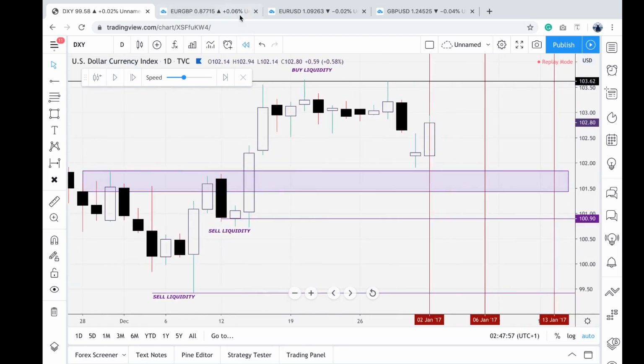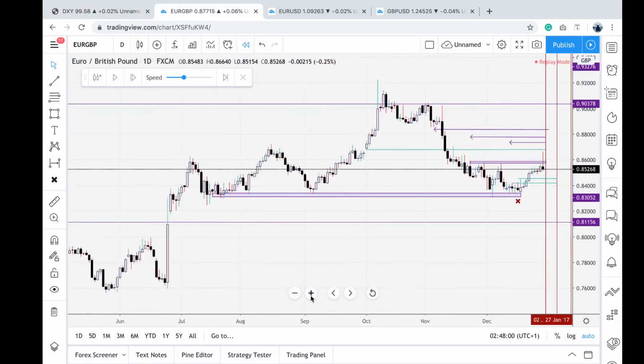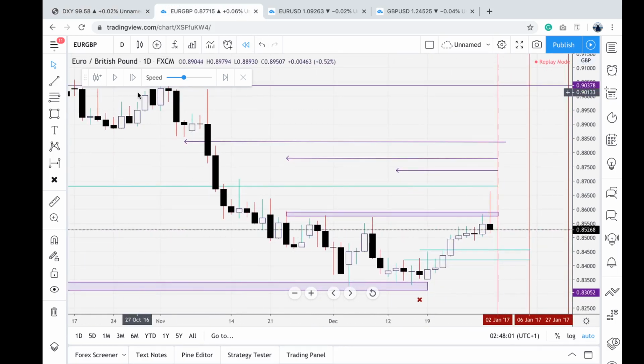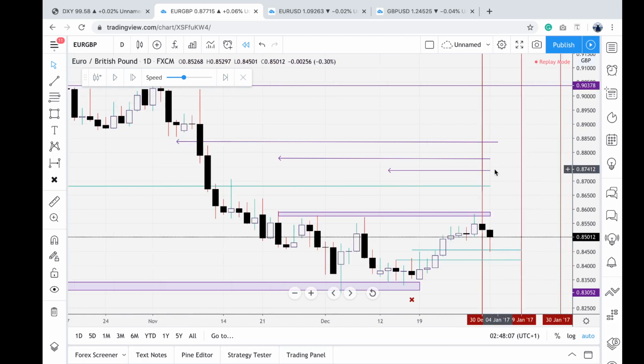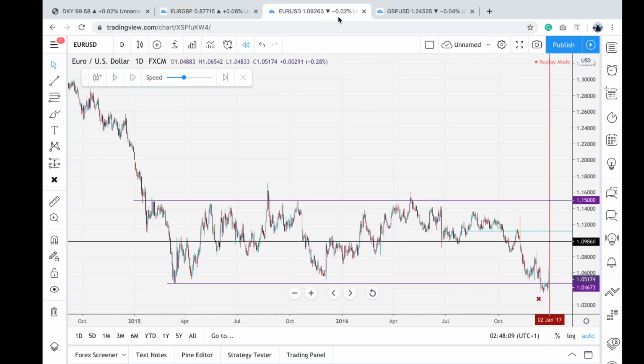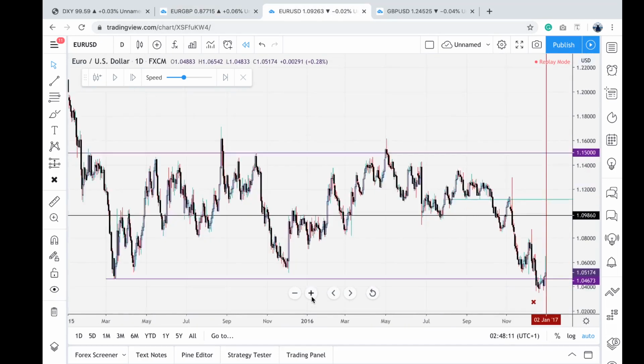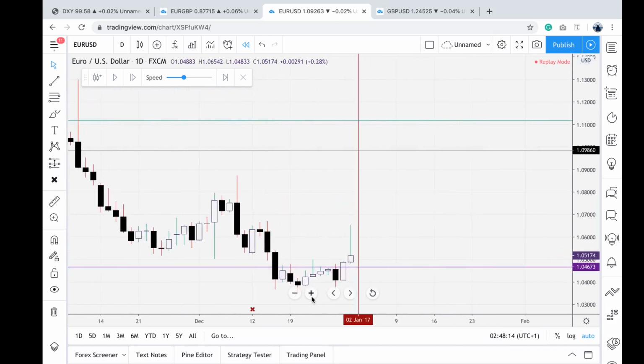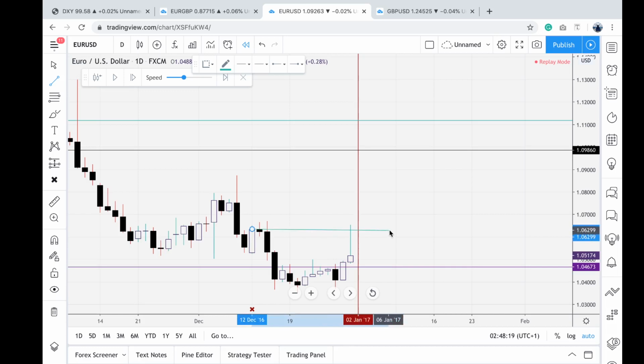Okay, so let's play one candle forward for the same pair, euro pound. Okay, now price taps our level. Euro dollar, let's see. So zoom in on what we expect euro dollar to do. Price just took out this low, basically. Euro dollar. Okay, so we could see some form of retracement. The DXY went bearish.